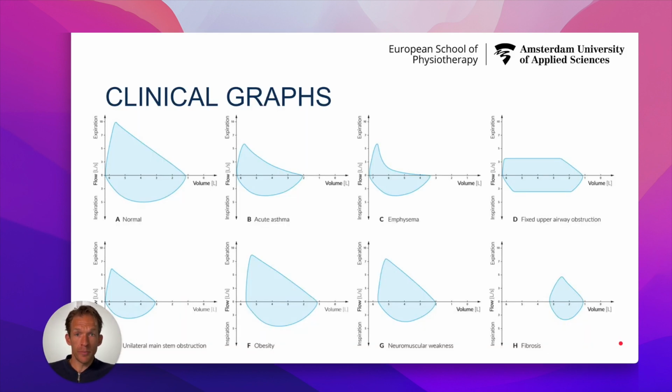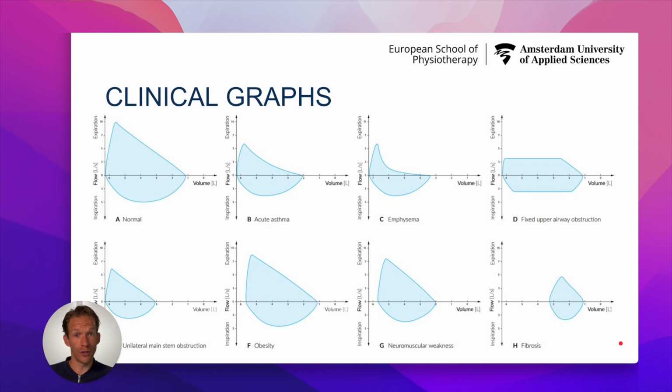To already give you some examples for next year, here's a few graphs that illustrate how spirometry can help in the diagnostic process and maybe later on also in the evaluation of your interventions. These clinical graphs will not be part of this exam for Physiology 2, but definitely are interesting for the future. So what you can see is a so-called flow volume curve, where you see that different pathologies will come with different curves.